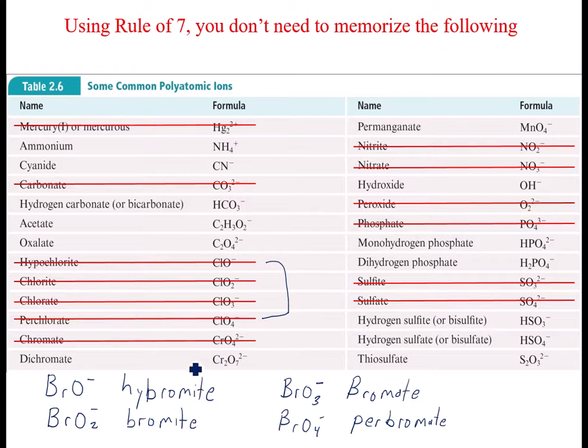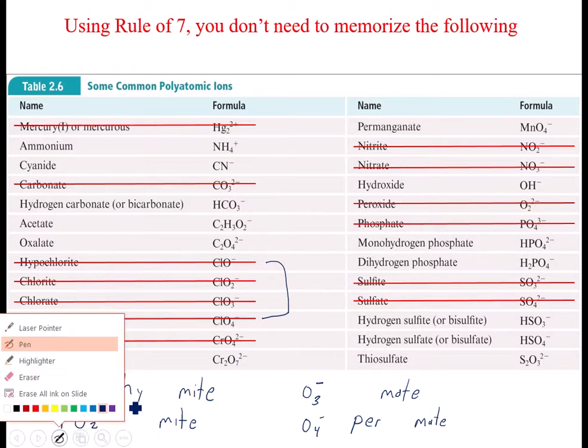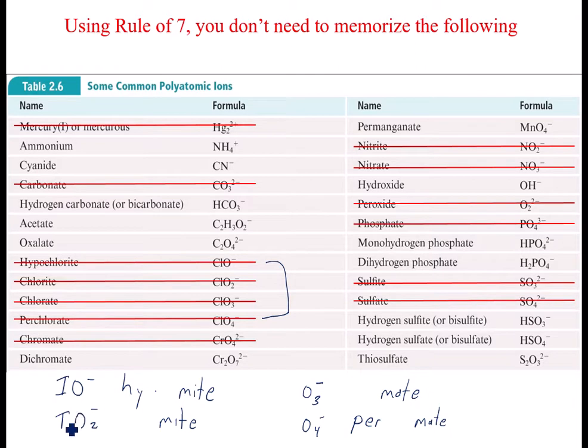Also, I'm going to cheat here and just erase a little bit. So erase that and that, and this, and this, and this. So I don't have to write quite so much. That, and this. And I can have IO minus, oops, down there, IO2 minus, IO3 minus, and IO4 minus.